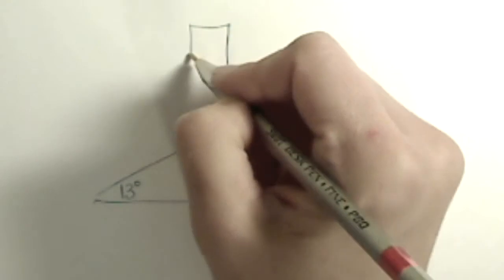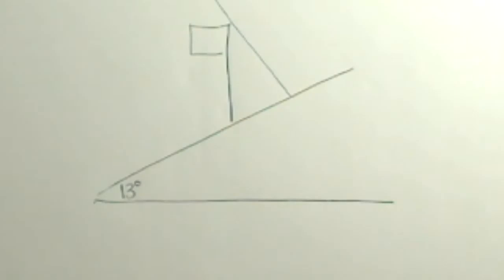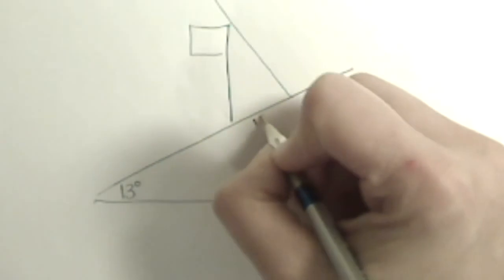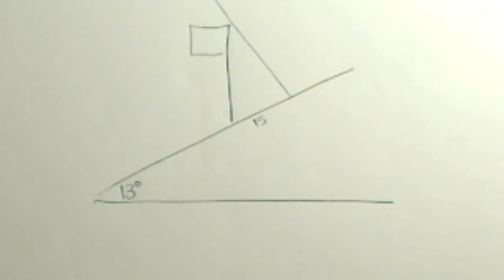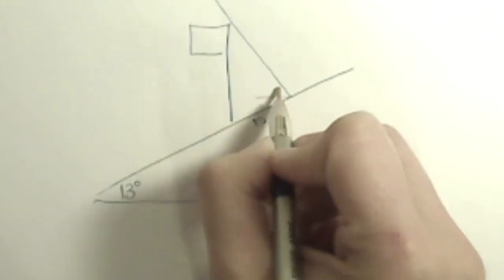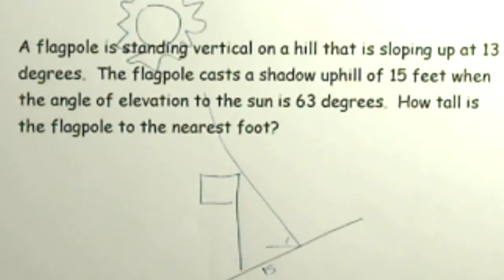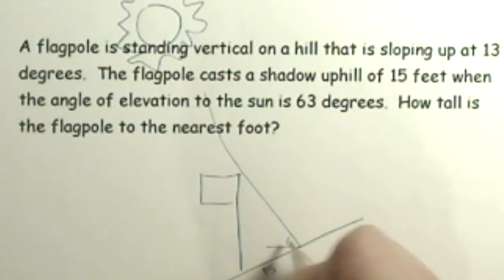The flagpole is casting a shadow up the hill at 15 feet long. When the angle of elevation to the sun, the sun is up here at the top. The angle of elevation to the sun is 63 degrees.